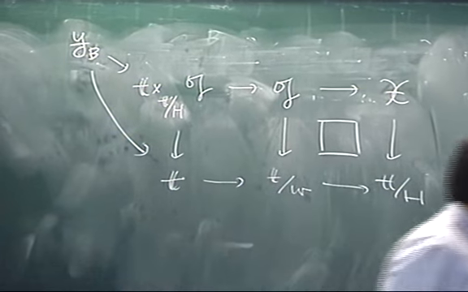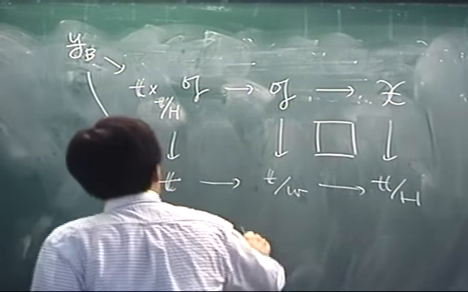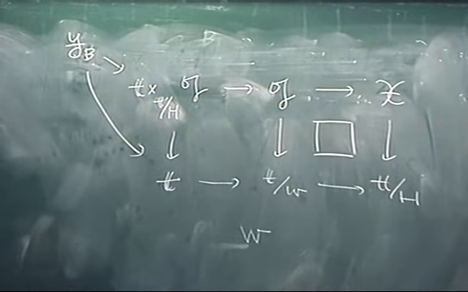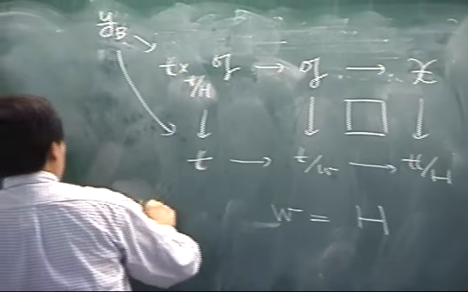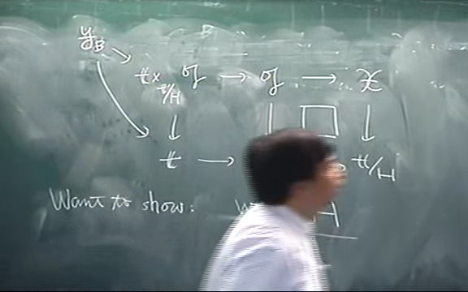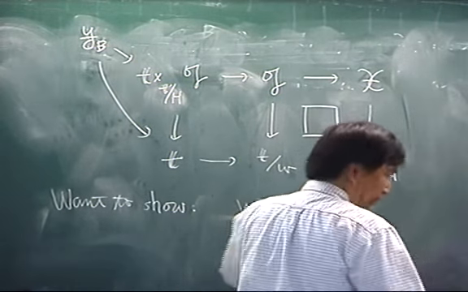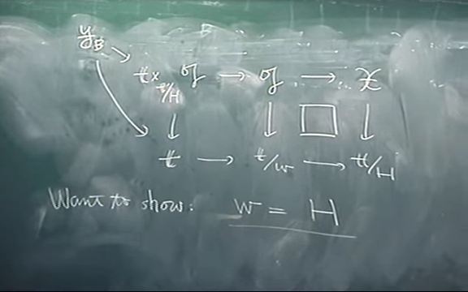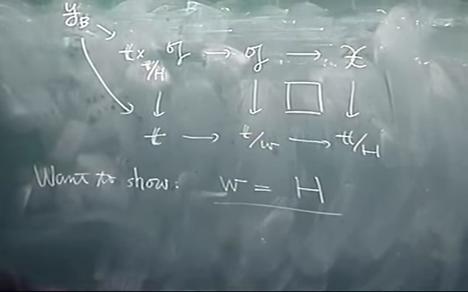Okay. So I want to show that W coincides with H. So in order to do that, take an arbitrary element h from here, then you have the following map.